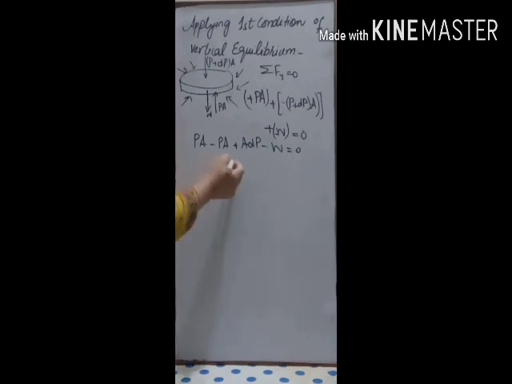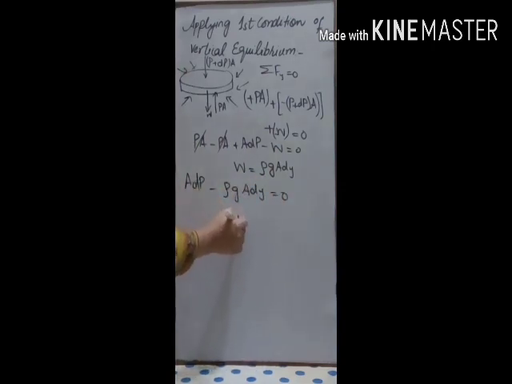From previous we got the value of W as rho G A dy. Using this value and cancelling the PA terms, we have the equation A dP minus rho G A dy is equal to 0. From this, A dP is equal to rho G A dy.